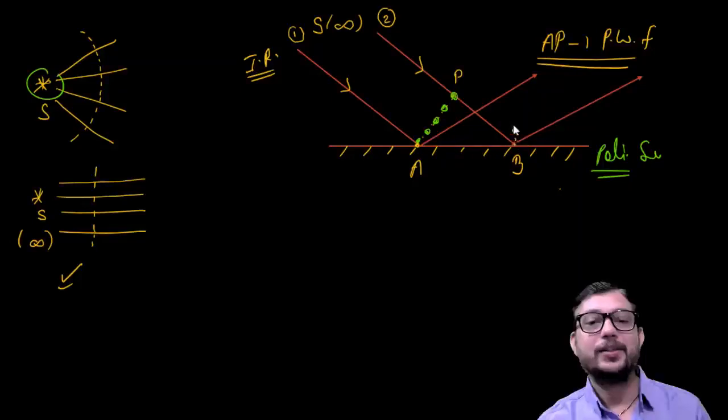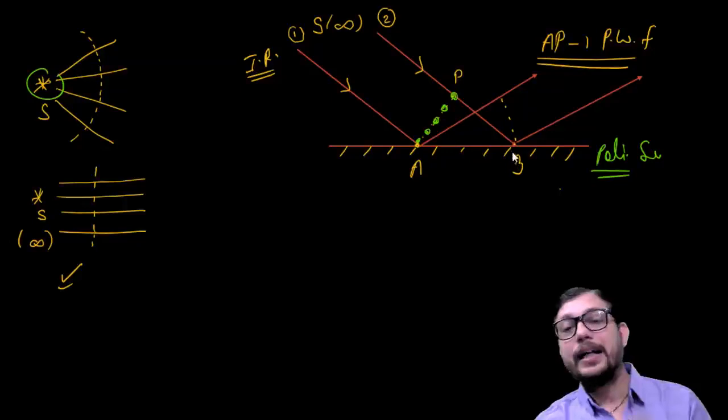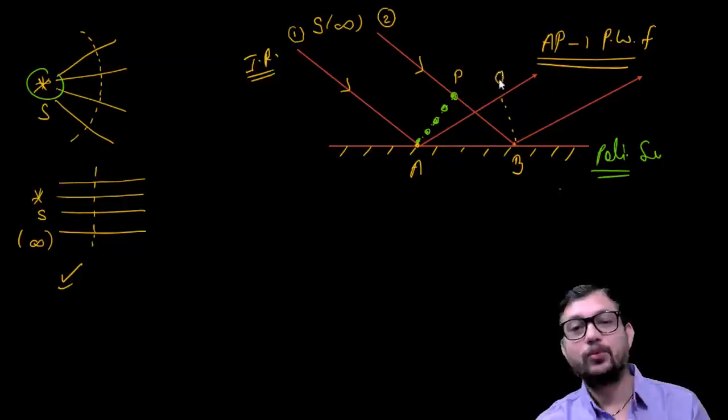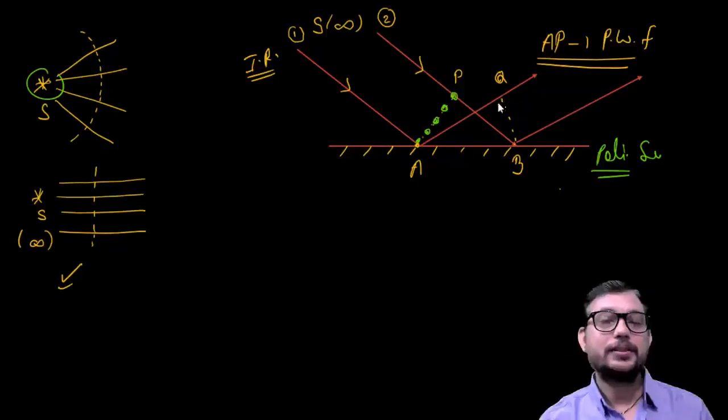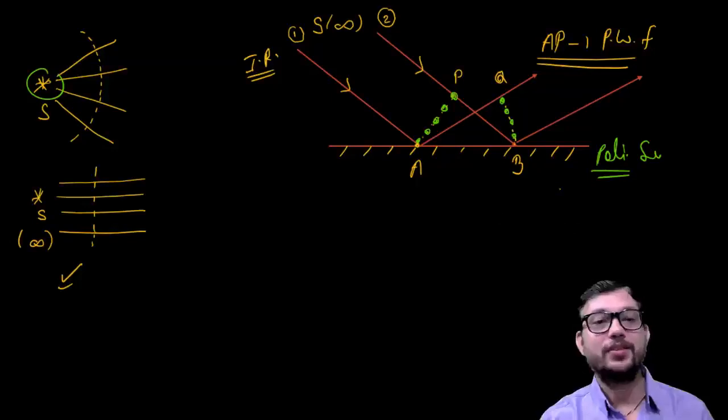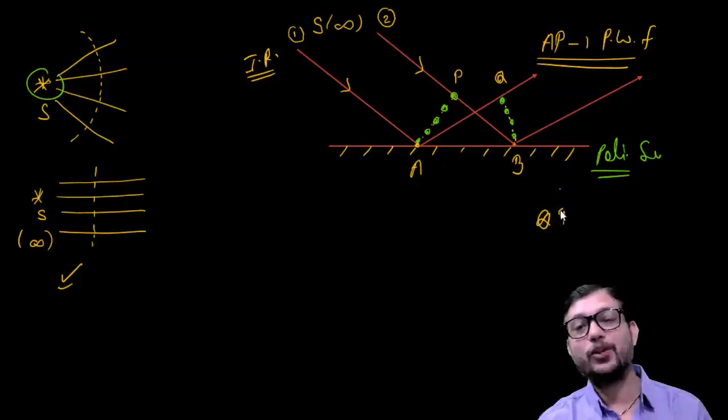Let this point be considered as Q. So every point on this wavefront, QB, is your secondary wavefront.